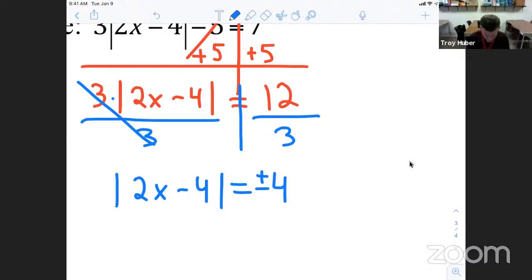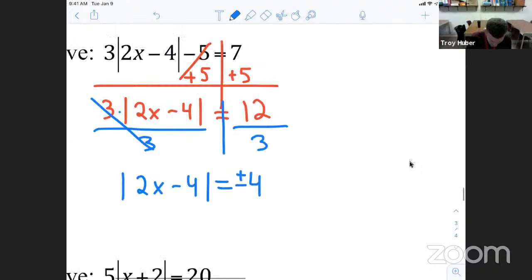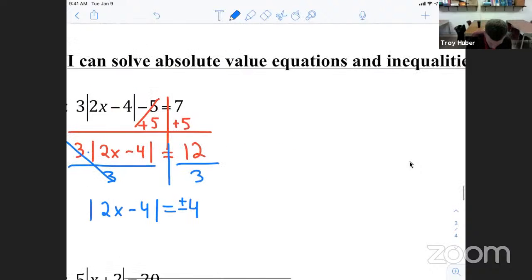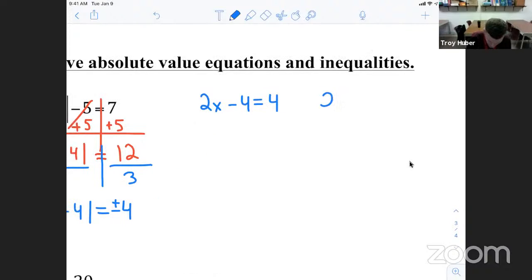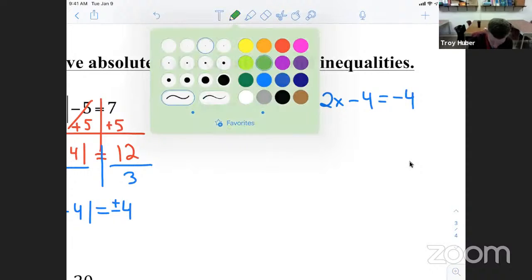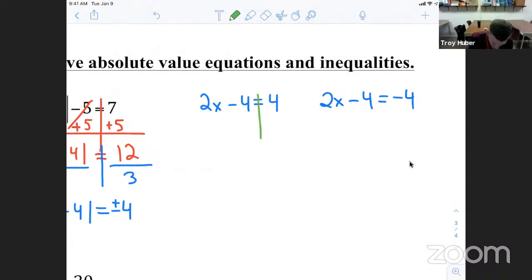All right, so I have to now set this equal to 2x minus 4 is equal to positive 4, and 2x minus 4 is equal to a negative 4. So now let's solve both of these. Maybe I'll do it in green. So I'm going to add 4 to both sides.